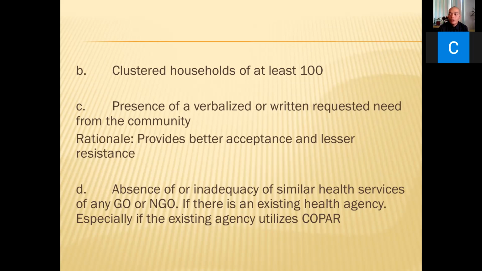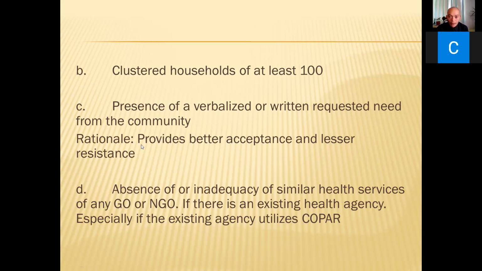Is it possible that you also send nursing students to our community, because we are in need of health services as well? If there is a written or verbalized request from the community, that is already a very high point, a very good factor for us to choose their community for our services.